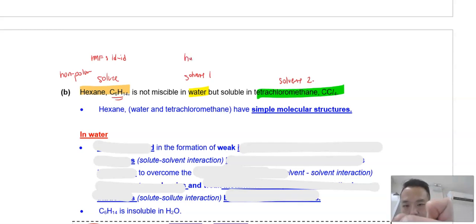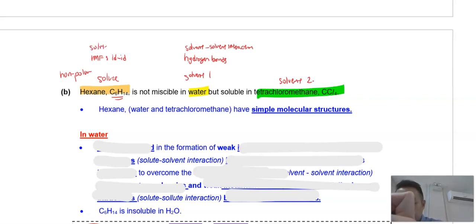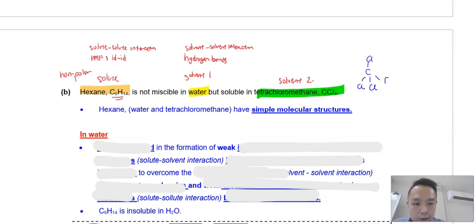So it's quite clear it's going to be non-polar. For water, we discussed this extensively. It will be hydrogen bonds, so this will be your solvent-solvent interaction. The ID for hexane will be a solute-solute interaction. And for solvent number 2, tetrachloromethane, CCl4, you have a tetrahedral shape around the carbon because of the 4 bond pairs, 0 lone pairs.